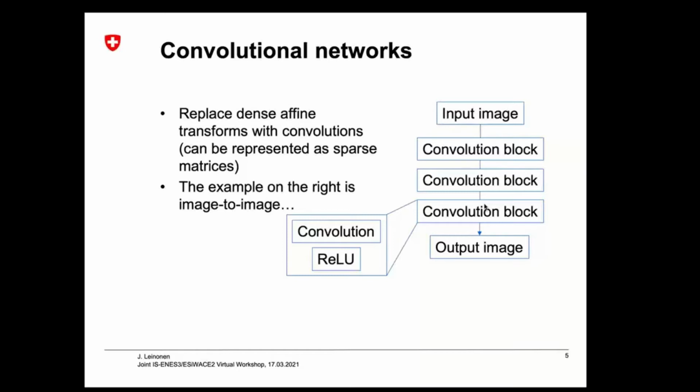And this kind of network structure that I'm showing on the right here is image to image. So we would input an image and output an image. And actually, this is not a very good way to make an image to image network, but we'll get back to that.